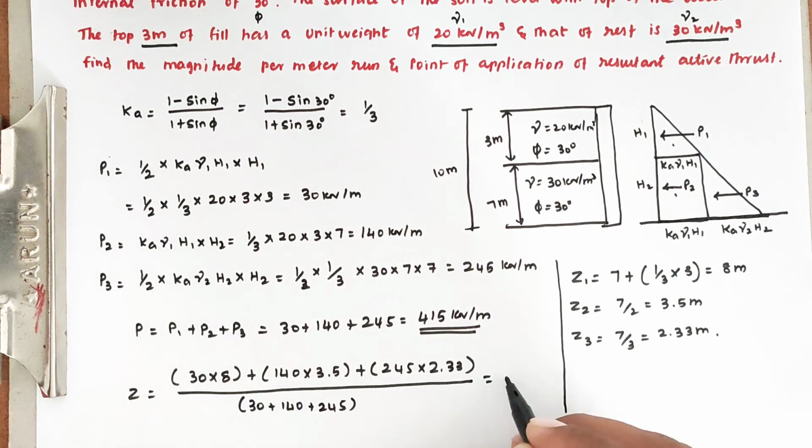Solving this, we get the answer of 3.137 meter. This is the point of application of the total pressure.